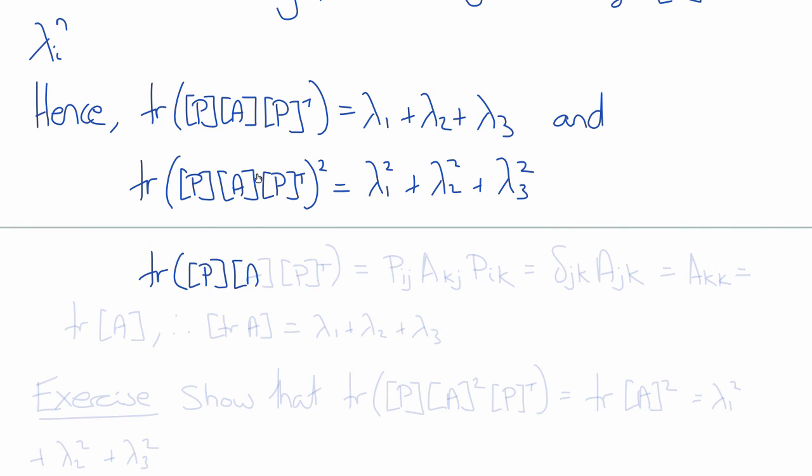Now the trace of P times A times P transpose could also be written as Pij, Akj, Pik, but since P is orthogonal, Pij, Pik is delta jk, so that means that the trace of PAP transpose is equal to delta jk Ajk, which is equal to Akk, or the trace of A. So in other words, the trace of A is equal to the sum of the eigenvalues.